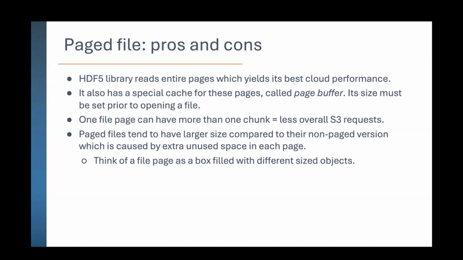And if you're lucky and the chunks of the same dataset are in the same page, you get more chunks than you really asked for, which may help later. And so, overall, the number of S3 requests may go down. So right now, paged files are the best case for the HDF5 library as far as data access.